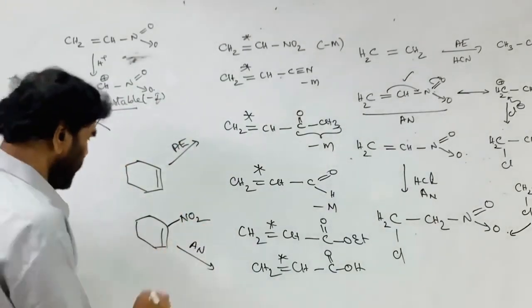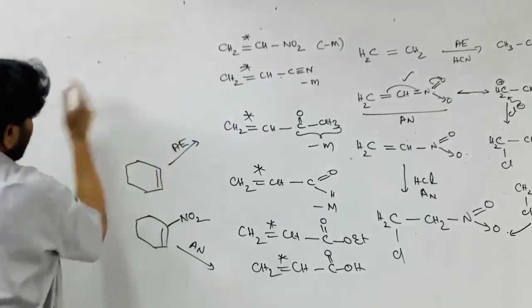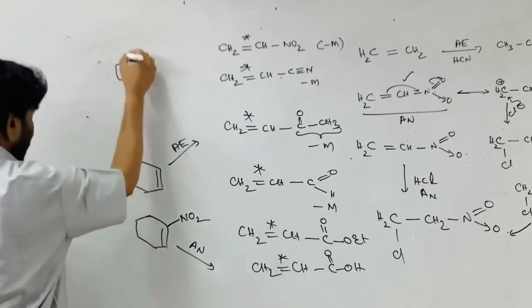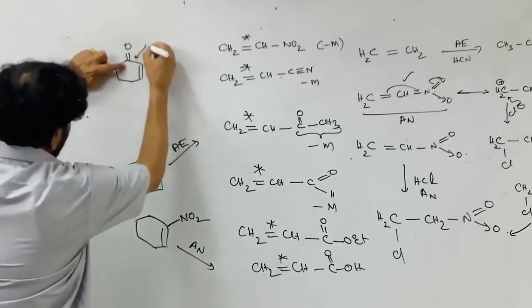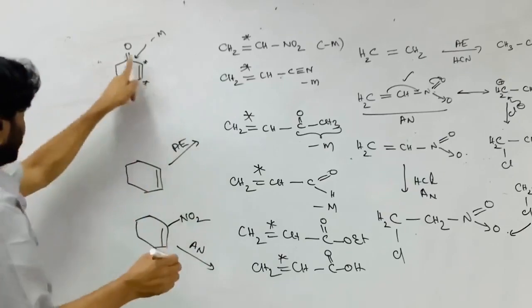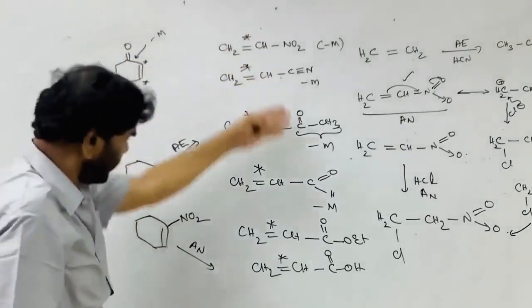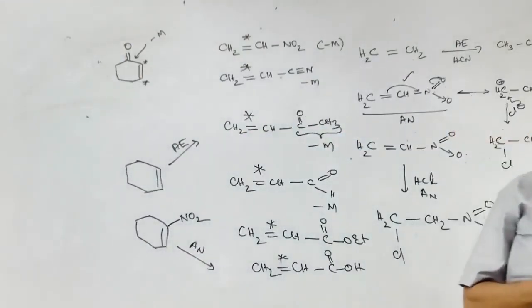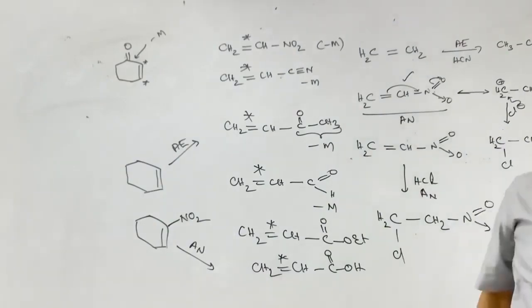Or if you take the other molecule, the same cyclohexene with C double bond O, this is a -M group, the ethylenic center with a -M group. These come under the category of compounds containing the activated ethylenic center.